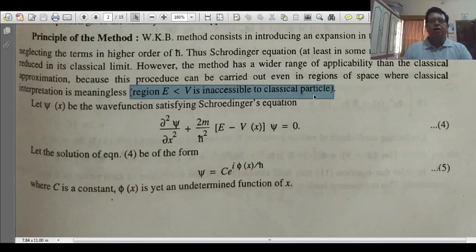But according to the Schrodinger equation, or quantum mechanics, it is possible to explain such problems, and you have already seen them in your first semester.